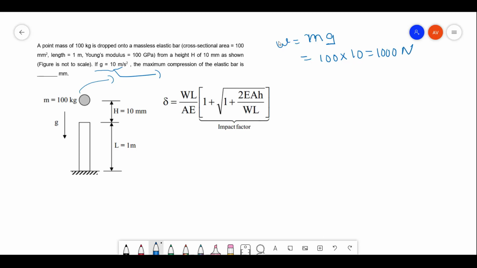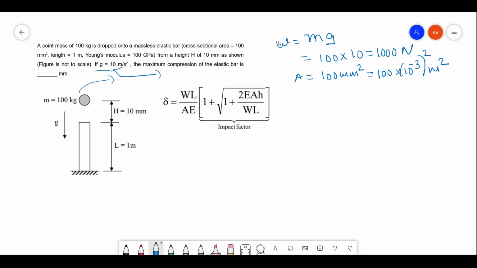The area is given to be 100 mm², which you have to convert into meter square.